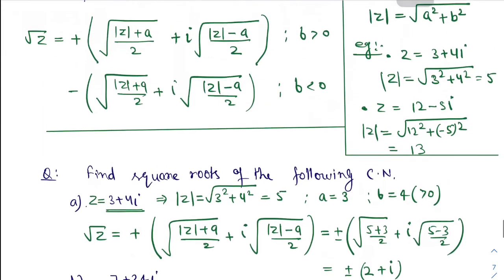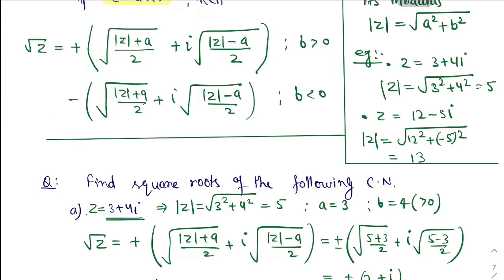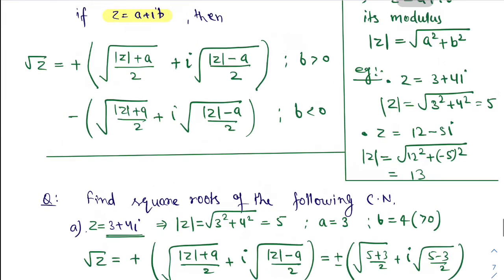Again, see what is the formula. Square root of z is plus minus root of (mod z plus a) upon 2 plus iota times root of (mod z minus a) upon 2, or it will be plus minus this thing.